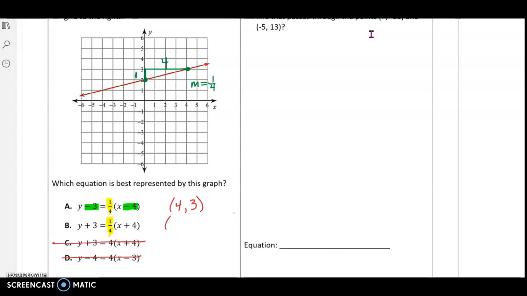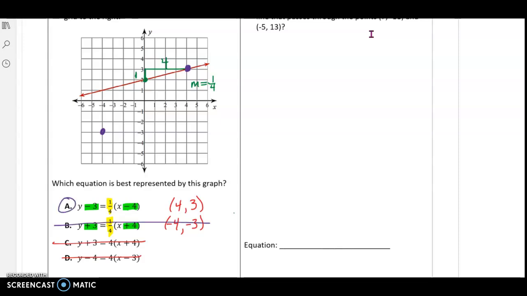And let's do the same thing for the other one. The opposite of +4 is -4. And the opposite of +3 is -3. Remember that the x should be going first. Now, which of those 2 points lie on your graph? So I'm going to plot them. 4, 3 is this point right here. It looks like that's it. -4, -3 is down here, and it is definitely not on the line, so it is not this one. It is A.